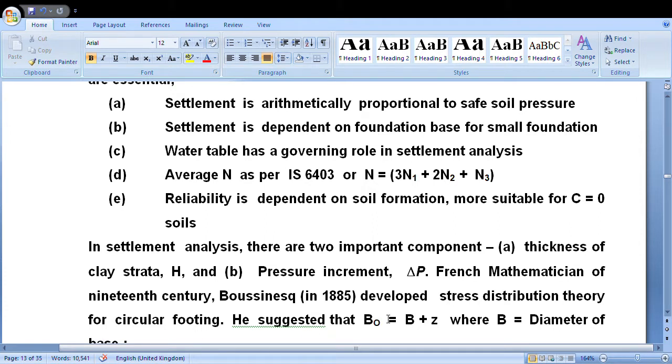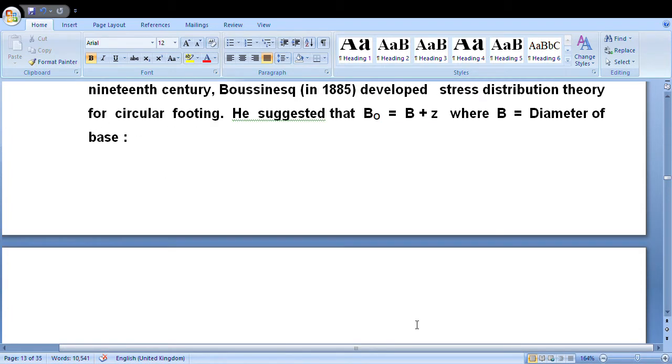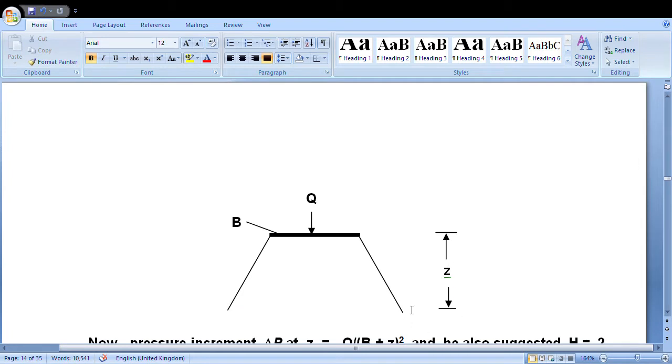He considered the base as a circular foundation. The depth to be calculated is B plus Z, where B is the diameter and Z is the depth.